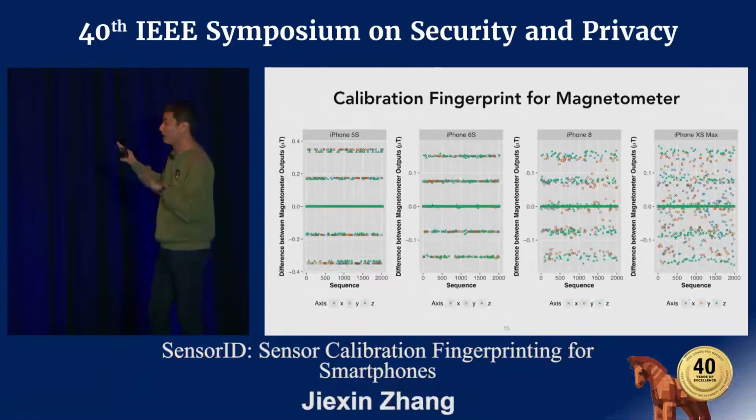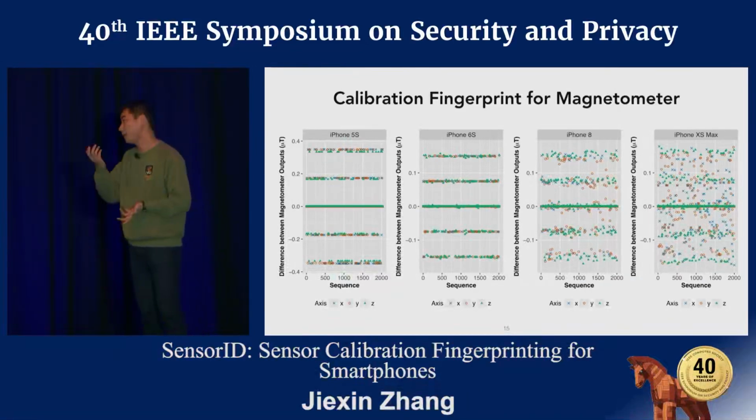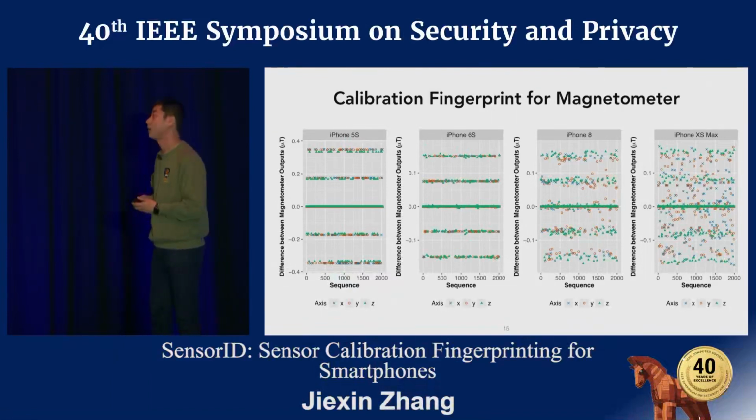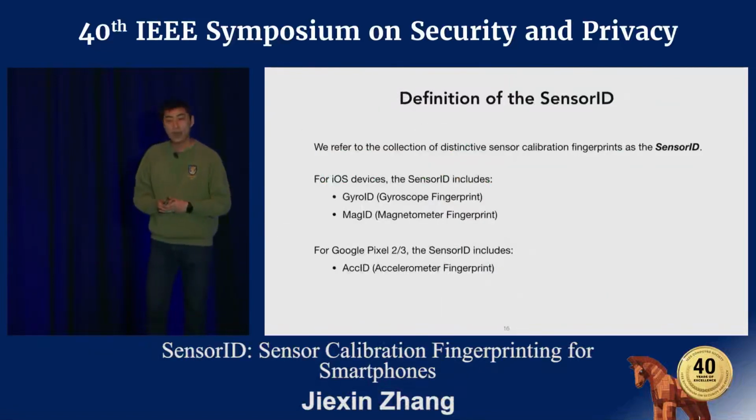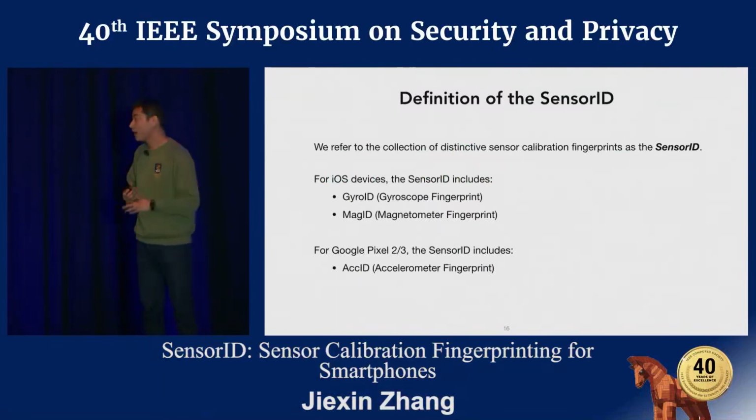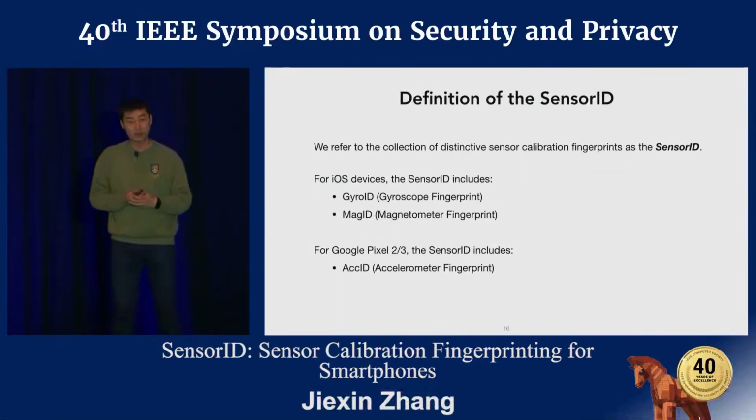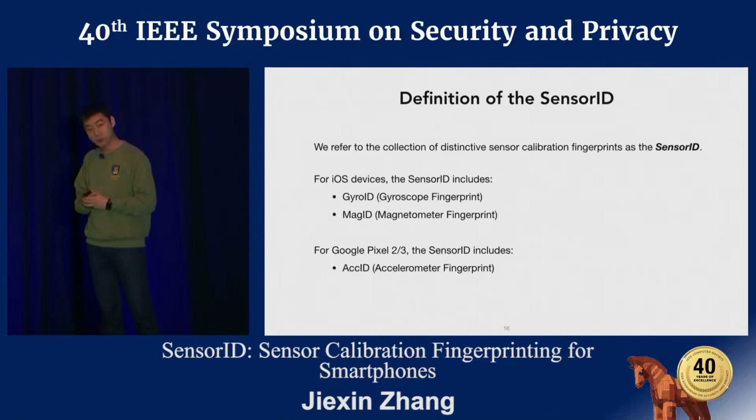But nevertheless, our approach is applicable for all iOS device models and can generate the fingerprint reliably. Furthermore, we also found that in the Google Pixel 2 and Pixel 3, the accelerometer is also factory calibrated and can also be fingerprinted using the same approach.